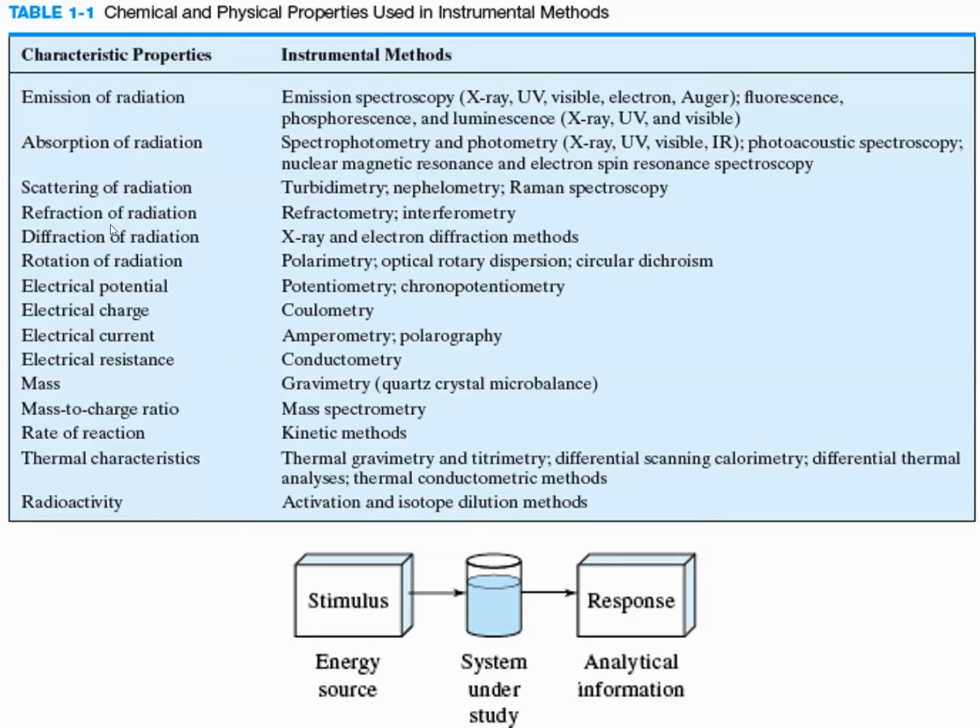We also talk about reflection of radiation, in which we get such instrumental methods as refractometry or interferometry. Now, we talk about using the diffraction of radiation in probing or characterizing materials, where we use X-ray diffraction or electron diffraction methods.